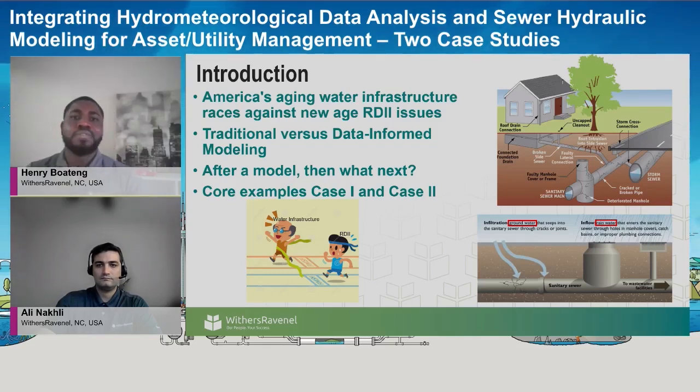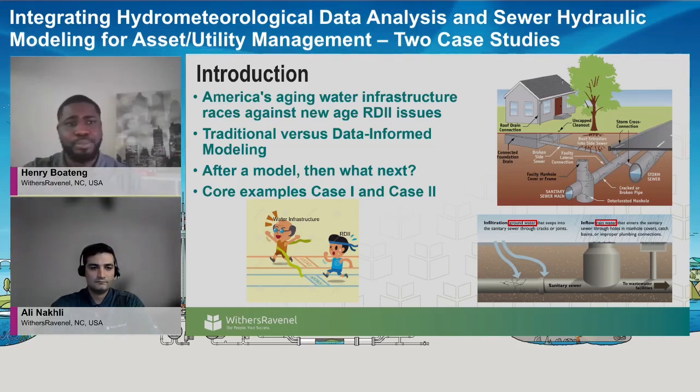new age RDI problems, new high intensity rainfalls. So we cannot go back to the old, traditional way of modeling, where it was more focused on: let's get the information, let's build a skeletonized model, or in some sense, a calibrated model.